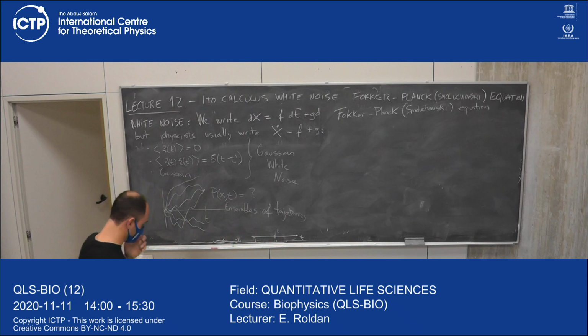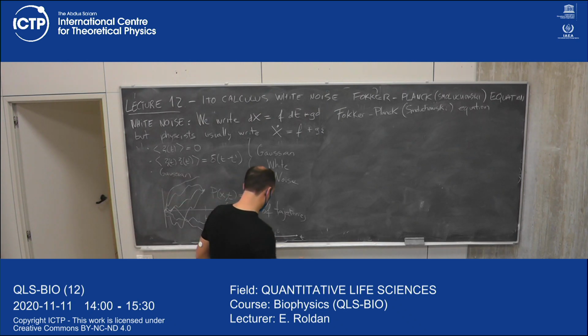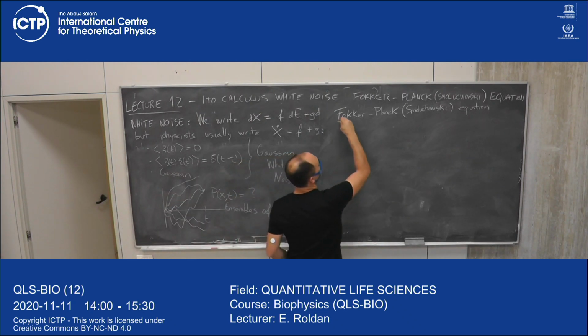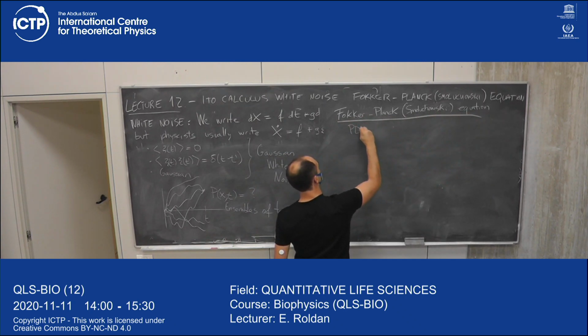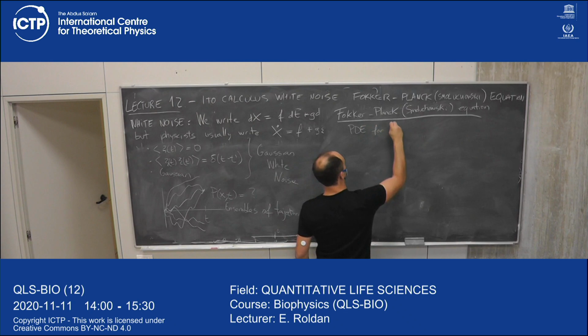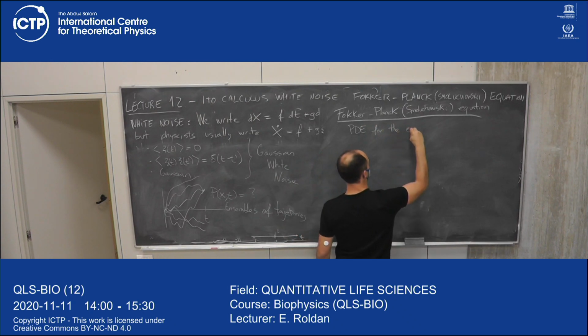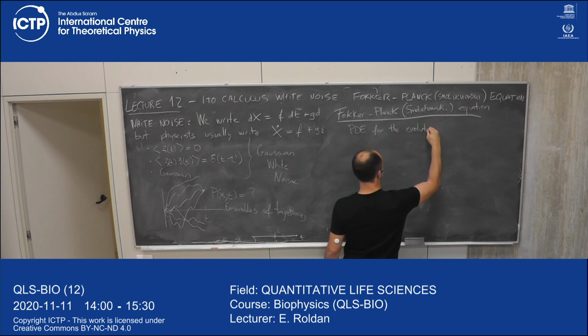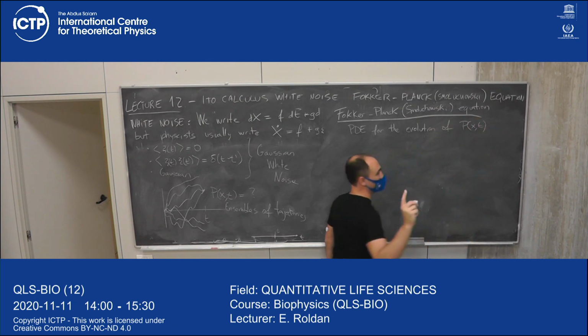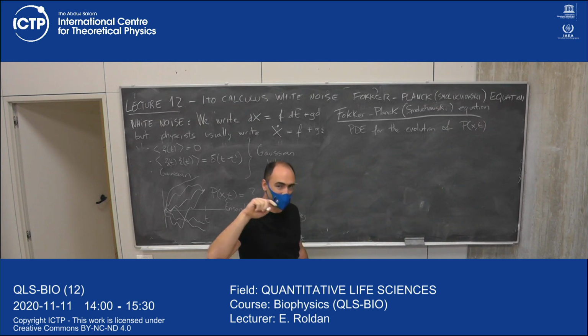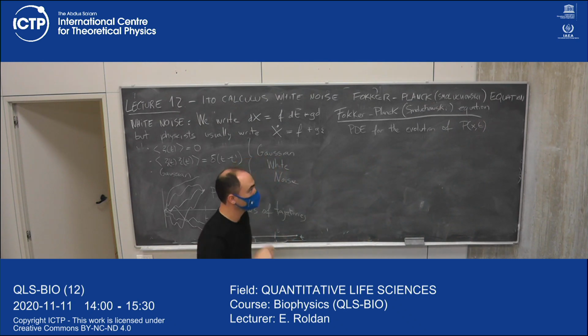It is a partial differential equation, a PDE, for the evolution of P of x, t. And I'm doing it for x, but one can generalize for a process that has many dimensions.